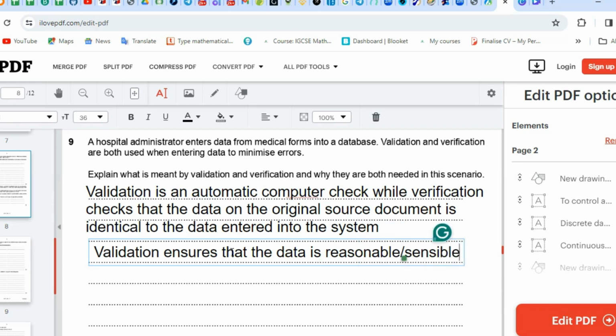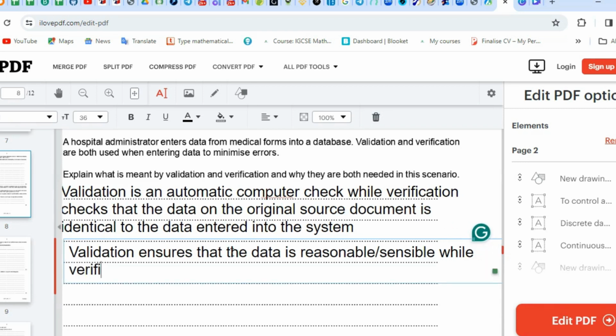Why for verification? Verification ensures that the data is copied correctly.